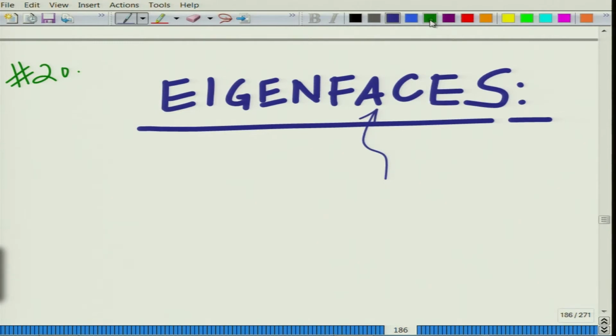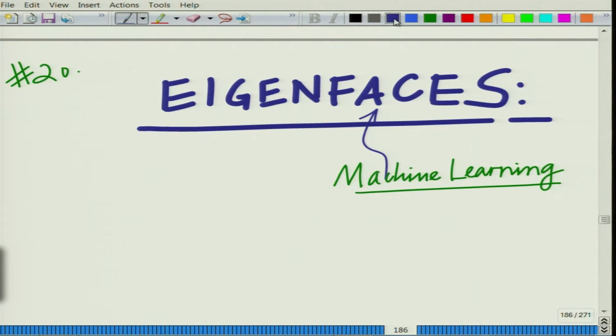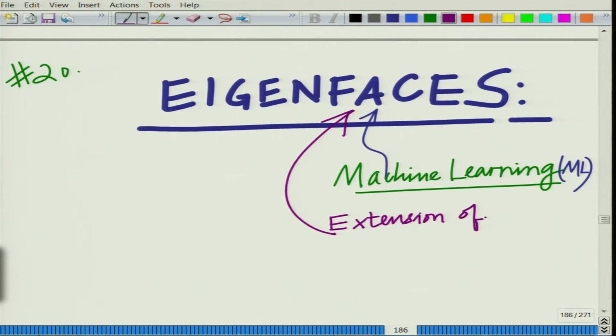This is an application in the context of, as I already told you, machine learning, or essentially what is abbreviated as ML, and you can think of this as an extension of PCA for face recognition applications.